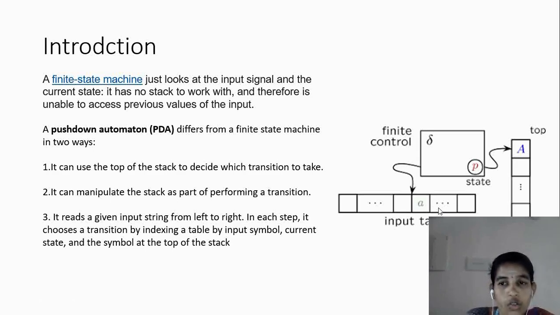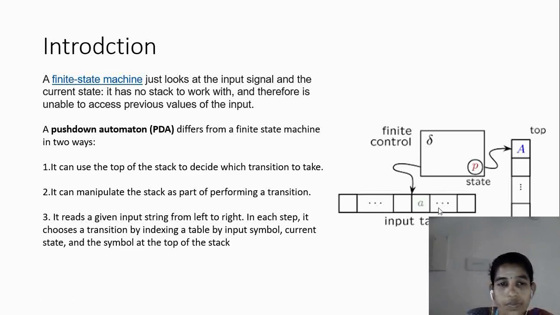So it is totally different from the finite machine. One more time I repeat: your current state, Q0 or Q1, Q2, your current input variable, and your top of the stack element.